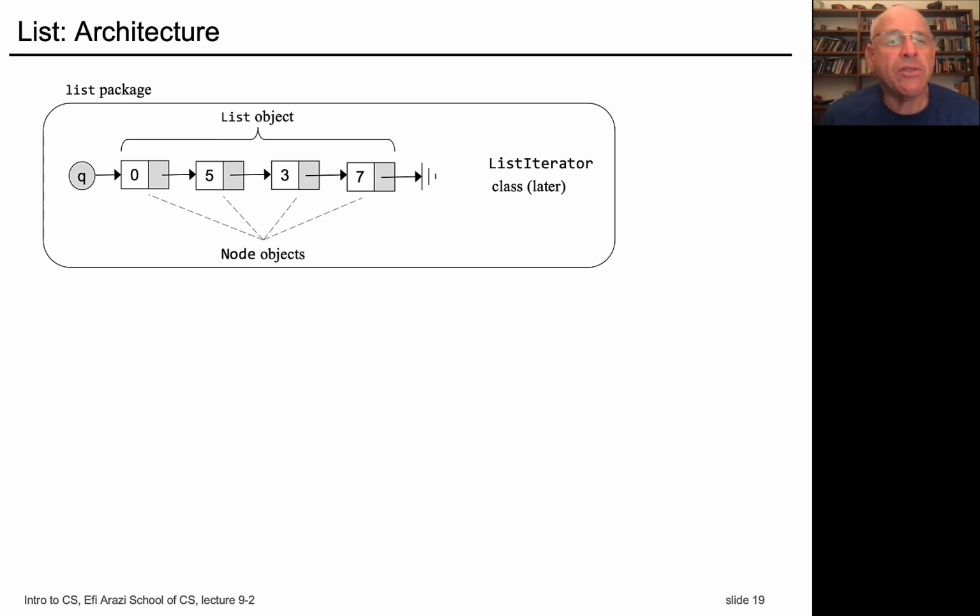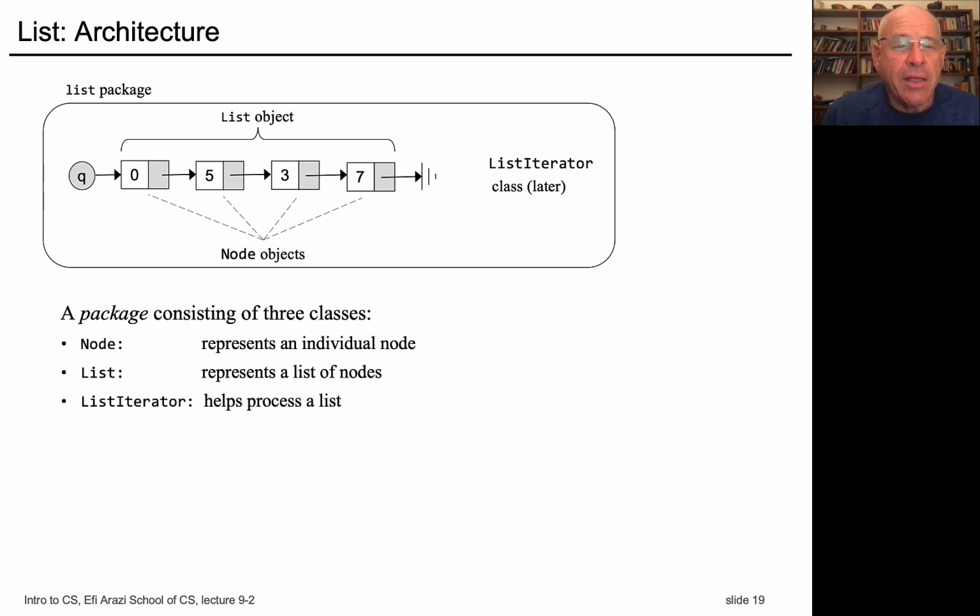It's called a package. And I give it a name. And in Java, the convention is that the names of packages begin with a lowercase. So I call it lowercase list. And so the list package consists of the following three classes.